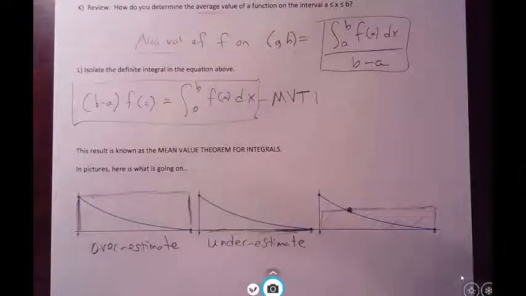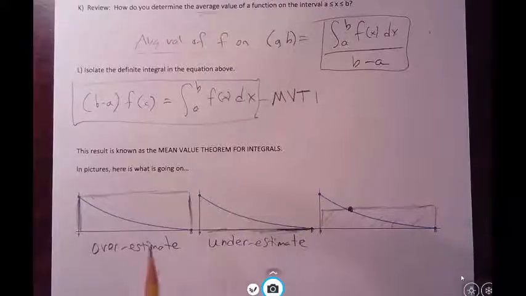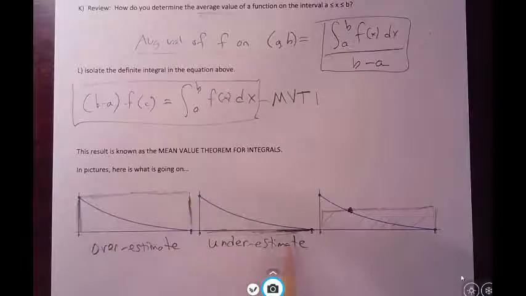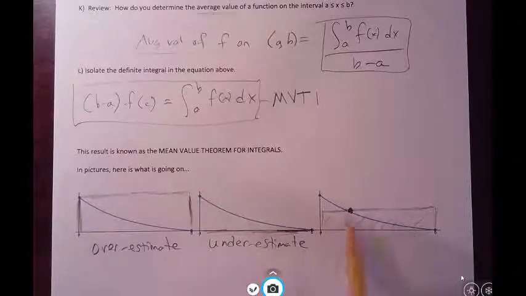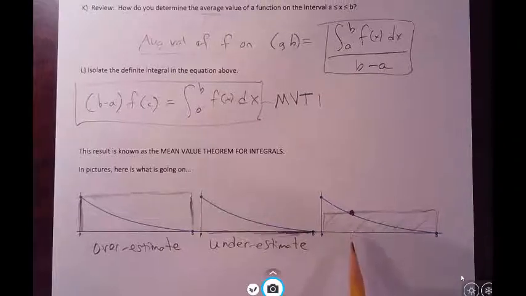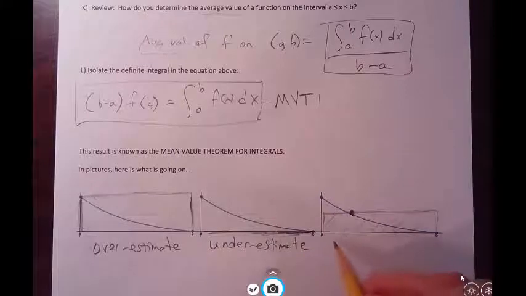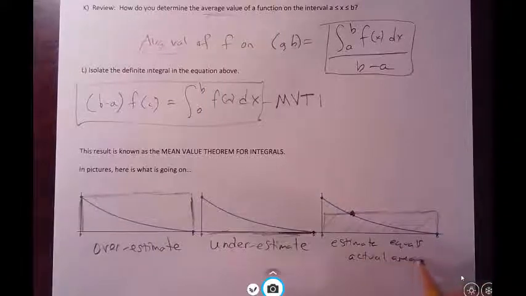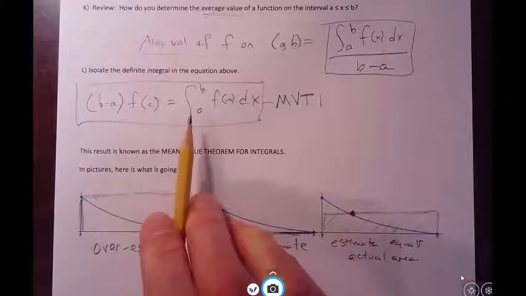So we have sort of this Goldilocks and the 3 bears situation where this estimate was too big and this estimate was too small. But mean value theorem says if you find the right point on the curve and draw a rectangle through it, that you will find one that's just right. So the estimate equals the actual area.